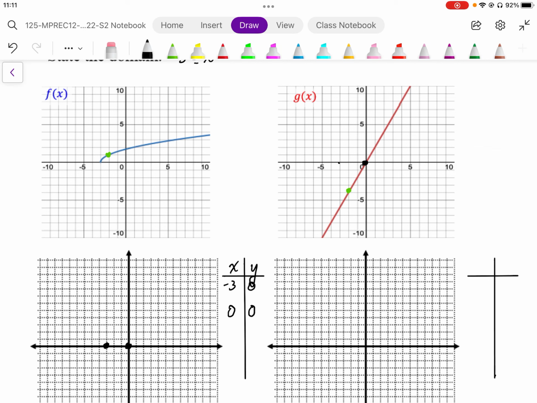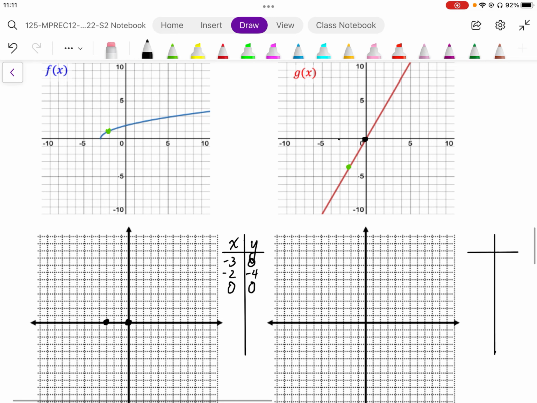So +1 times -4 gives me -4. I'm going to have (-2, -4) as a coordinate. So at x equals -2, y equals -4, and I'm going to have a point down here.